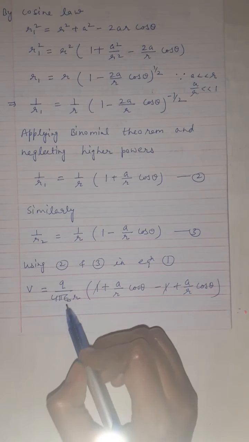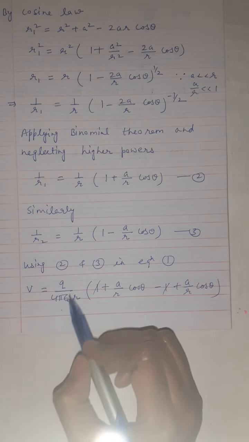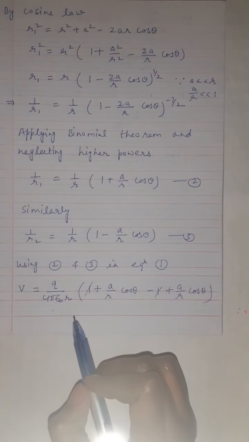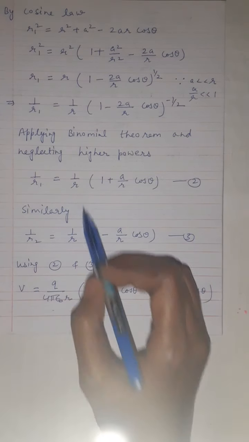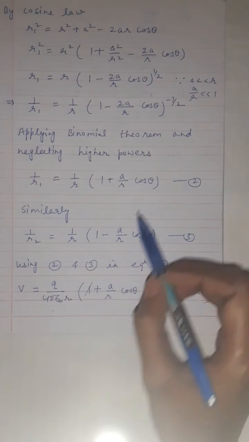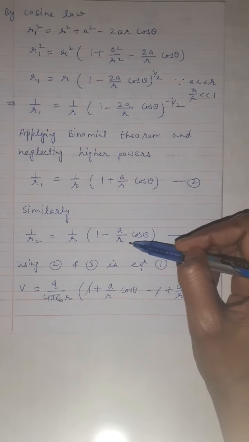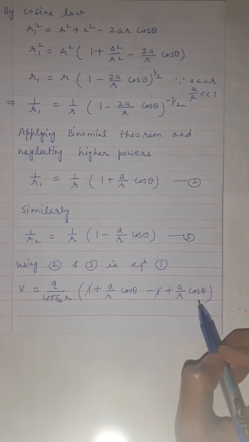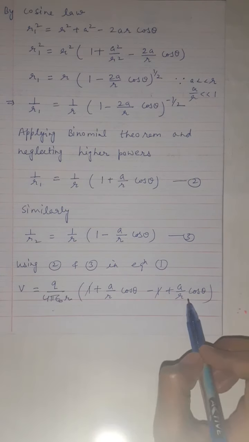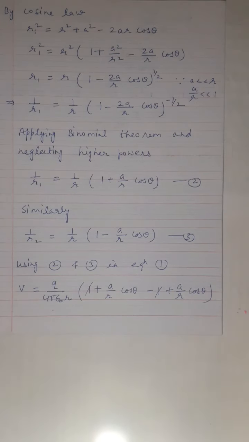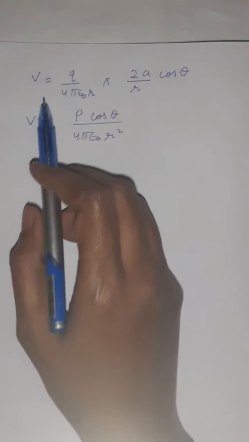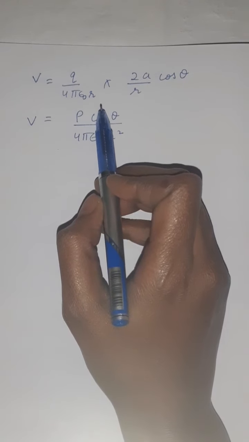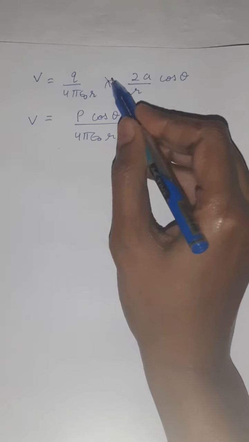So we have q upon 4 pi epsilon naught r, which was in the first equation, and when we subtract these two equations, we will get a upon r cos theta plus a upon r cos theta, which means 2a upon r cos theta.